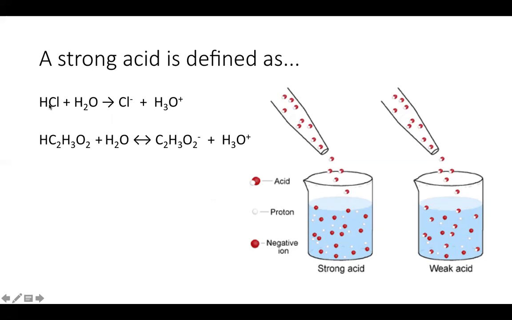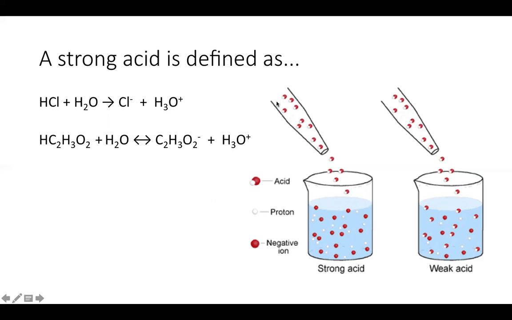Every molecule of HCl, when it goes in water, gives up a proton, every one of them. It gives up the proton to H2O, forming chloride ion and H3O plus, the hydronium ion. And that's depicted on the left here, okay? So you can see red represents the acid, the white represents the proton, the hydrogen. And if they're separated, we've got that proton, that H3O plus, that H plus, and then the negative ion, which could be chloride ion.